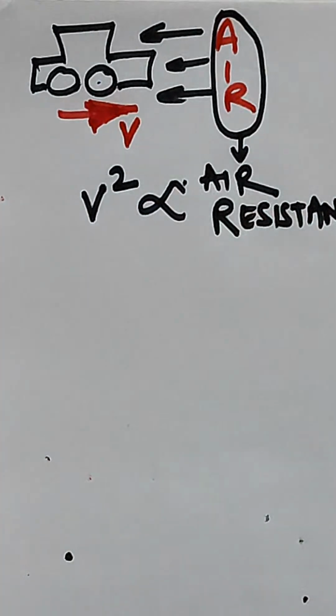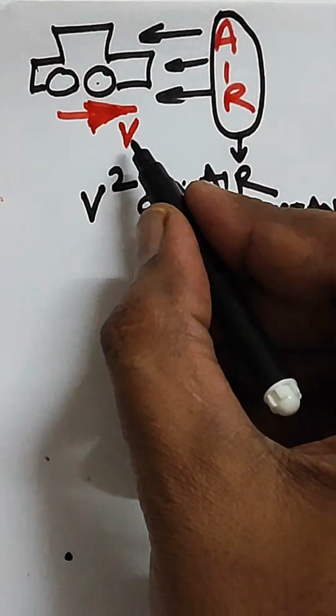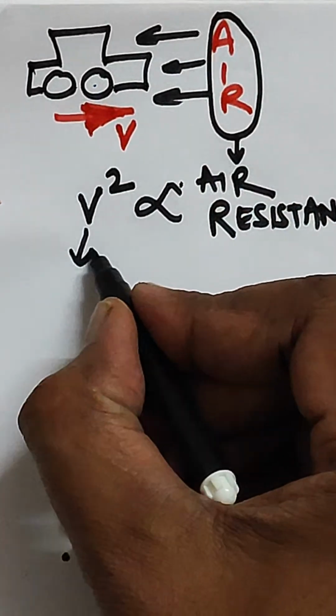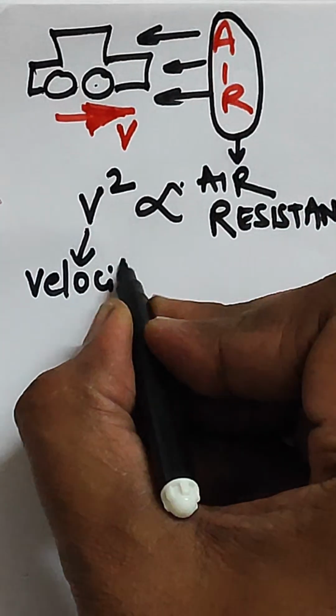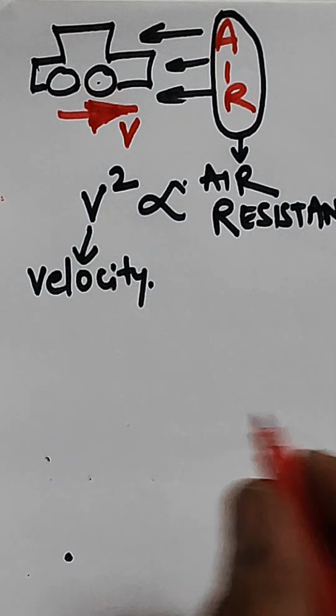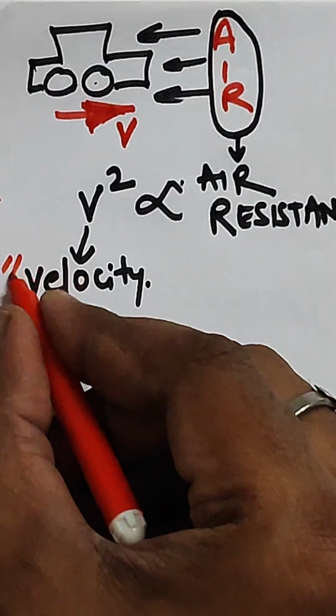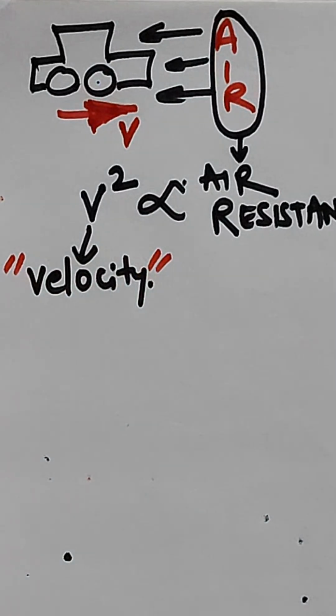This proportionality is given to you, where v is the velocity of your automobile or car.